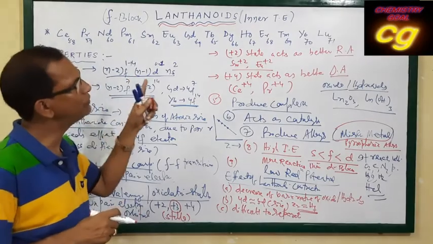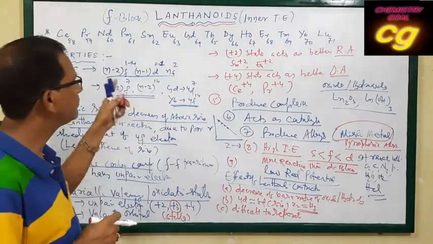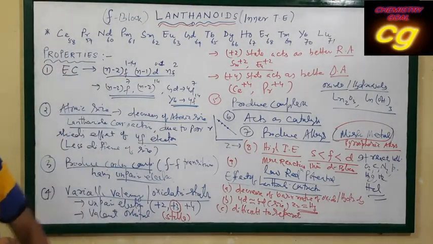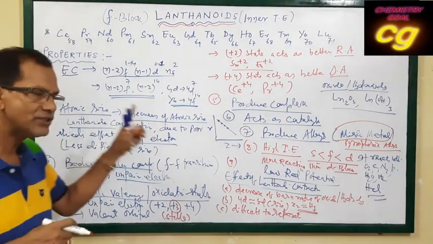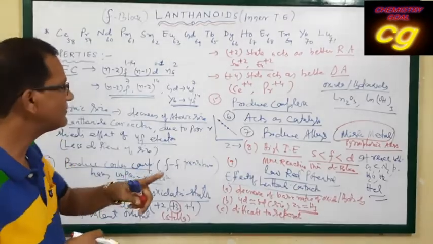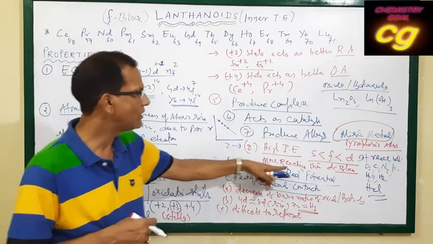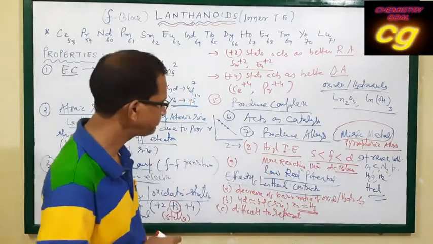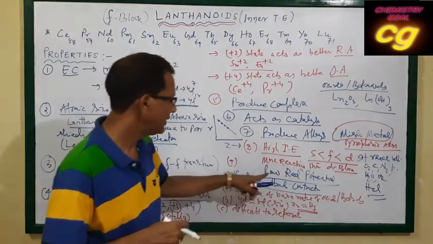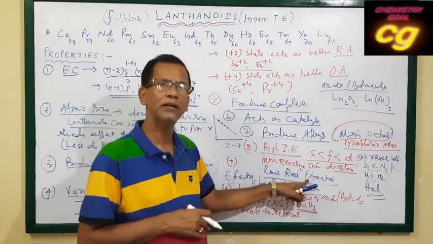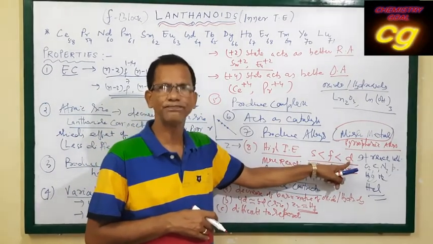And if you compare the properties of lanthanoids and transition elements, remember, lanthanoids are more reactive than D block elements because they have low reduction potential compared to D block elements.